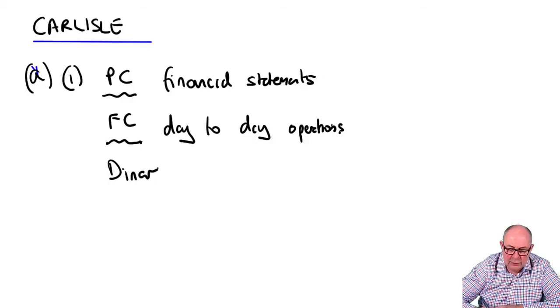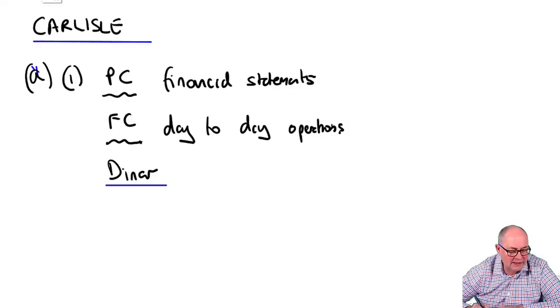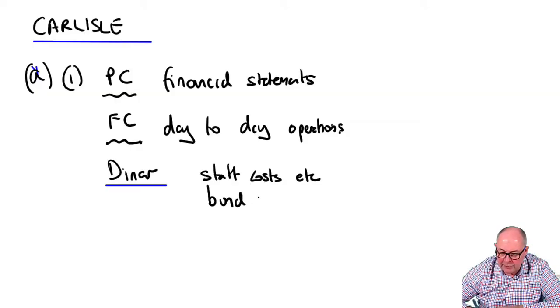So when you argue about this, just notice the number of things that suggest it should be the dinar. They pay their staff costs and overheads in dinar. They've got the bond issue, so they borrow in dinar.